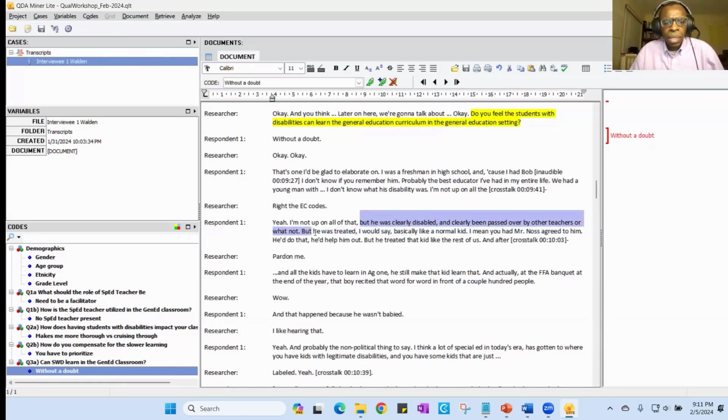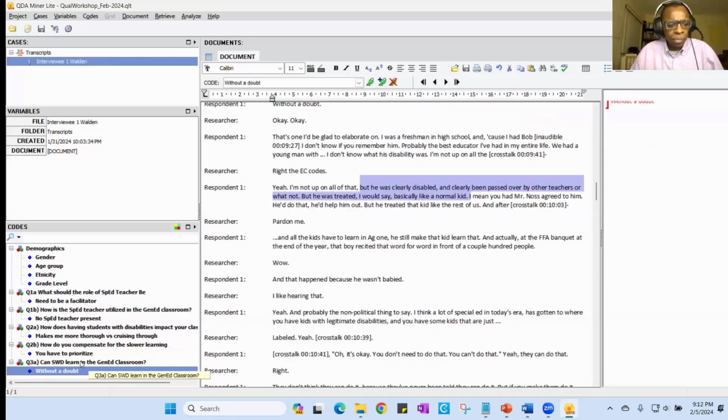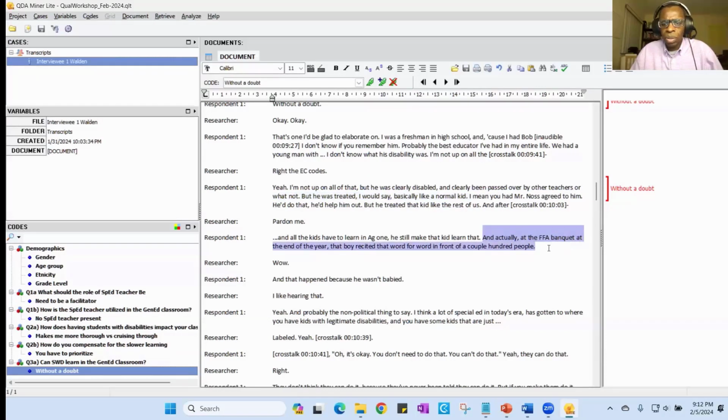But he was treated, I would say, basically like a normal kid. I'm going to put that under there. And then I'm going to say all the kids have, he still, and actually at the FFA banquet at the end of the year, he recited it. So I'm going to put that under there too.